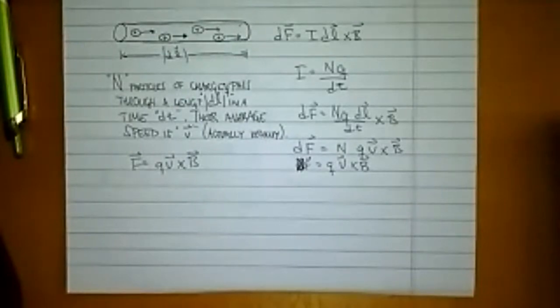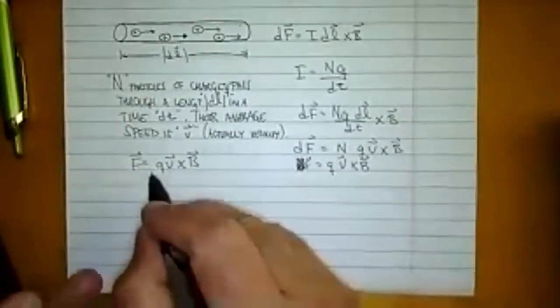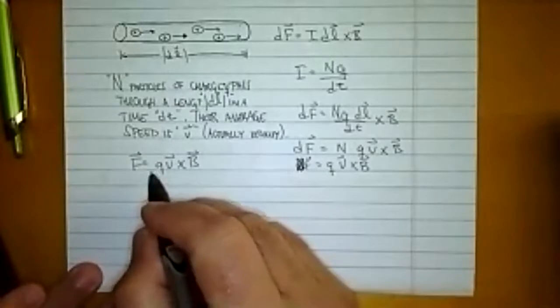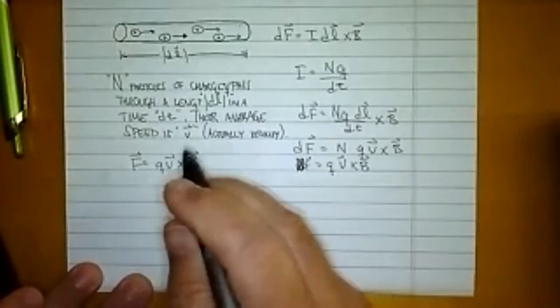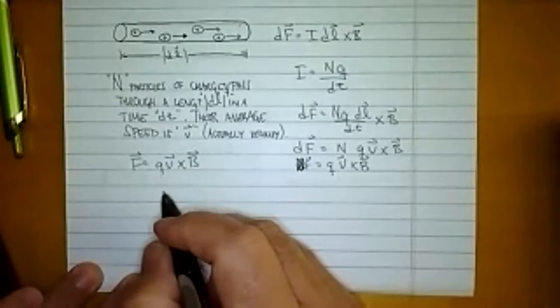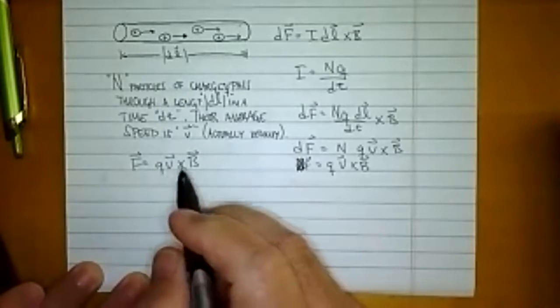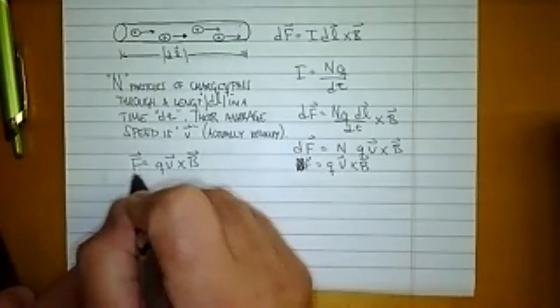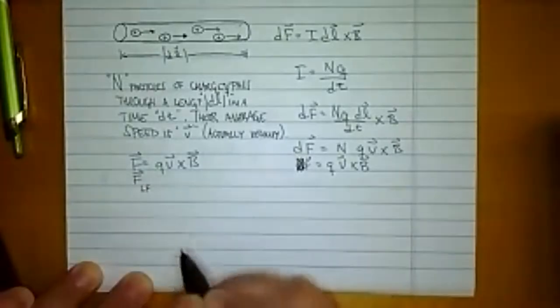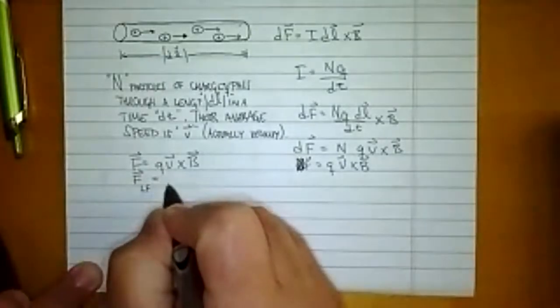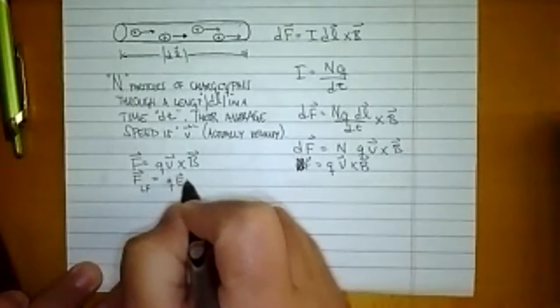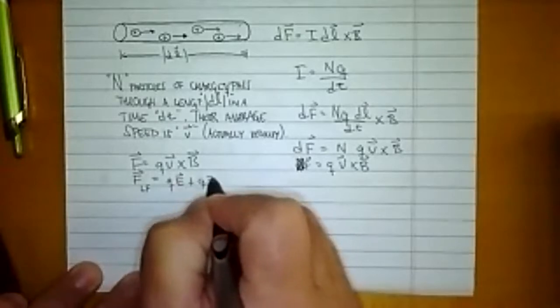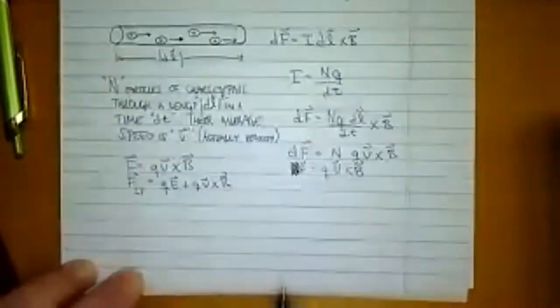The Lorentz force law is basically this plus a term for calculating what the total force on a charge q would be if it was in an electric and a magnetic field. So we end up getting the Lorentz force law, which I'll call F sub LF, is equal to q times the electric field plus qv cross B.